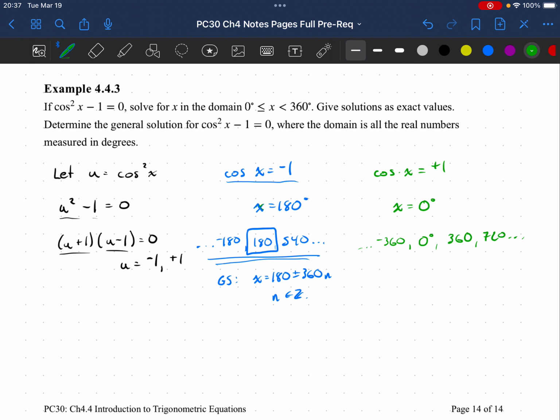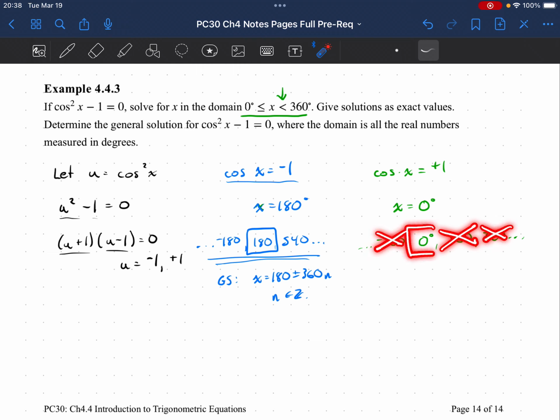Now if we look at my domain, x has to be strictly less than 360. It cannot be equal to 360, so this one is out, and so are the others. So 0 is my only solution here. So these two are the only solutions.